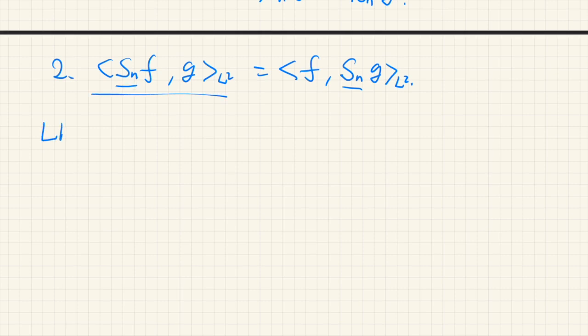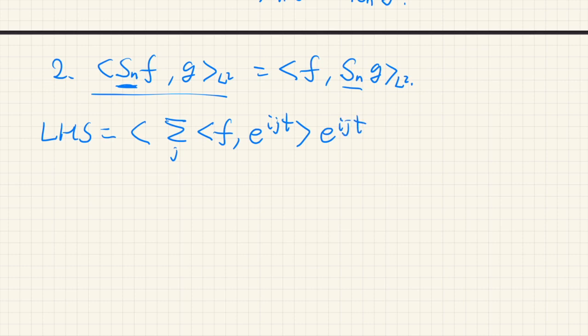Let's take this left-hand side first, and we expand this Sn as this. So the inner product between f and e^{ijt}, and e^{ijt} times g. Okay, so this part became this part.